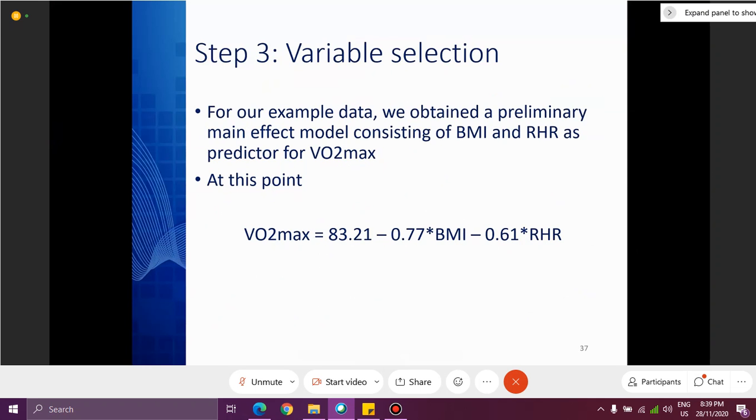Up to now, we have already obtained what we call a preliminary main effect model, which consists of BMI and also resting heart rate as predictors for VO2 max. At this point, our equation contains only two variables, right? So VO2 max equals the intercept, 83.21.